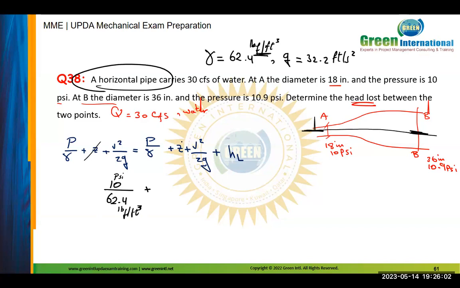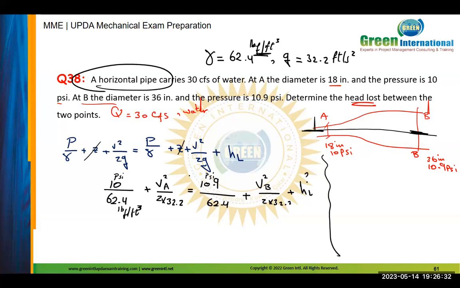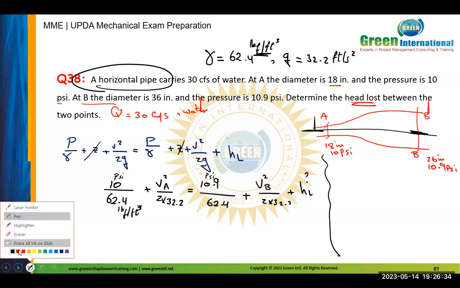So Z cancels with Z. Velocity is unknown: V A squared over 2g, multiplied by 32.2. Then the pressure is 10.9 psi divided by the same gamma 62.4, plus V B squared over 2 times 32.2, plus the head losses required. But we still have another unknown velocity. I will show you how to get it.